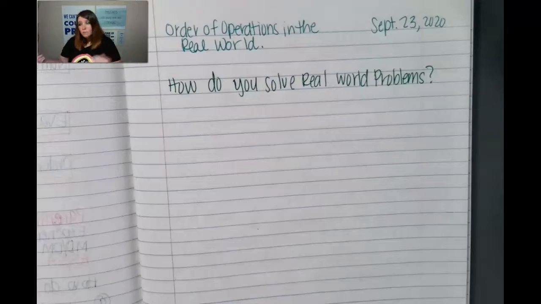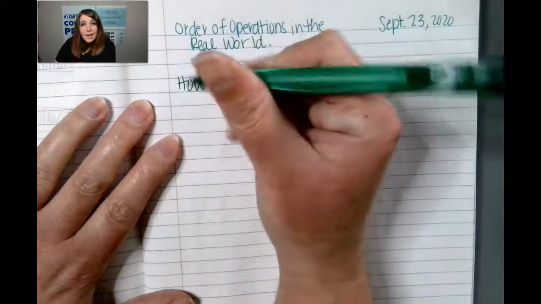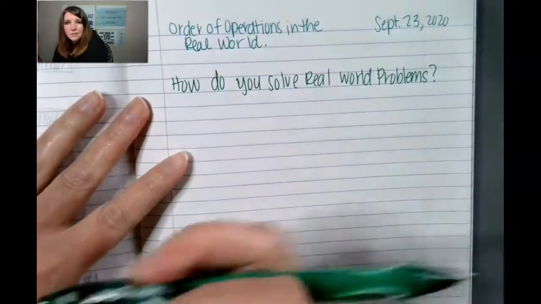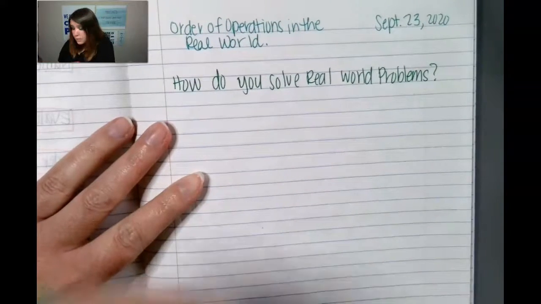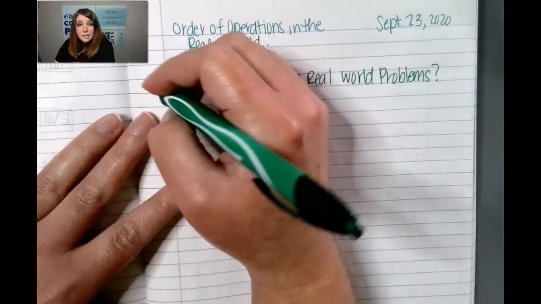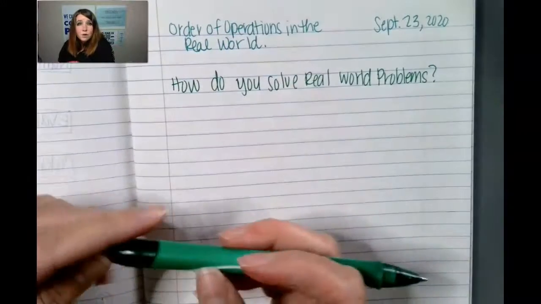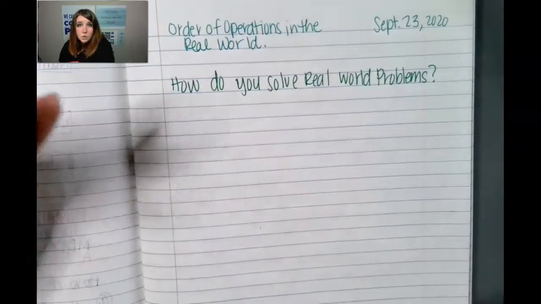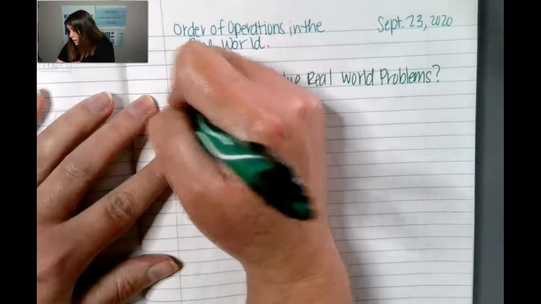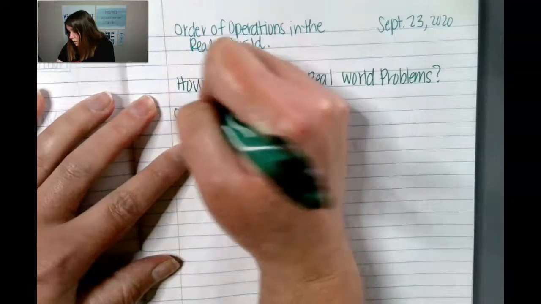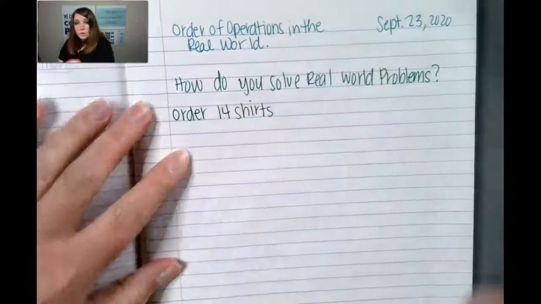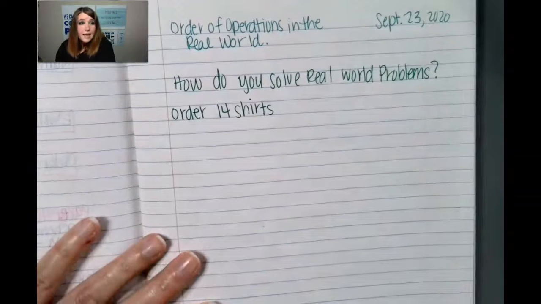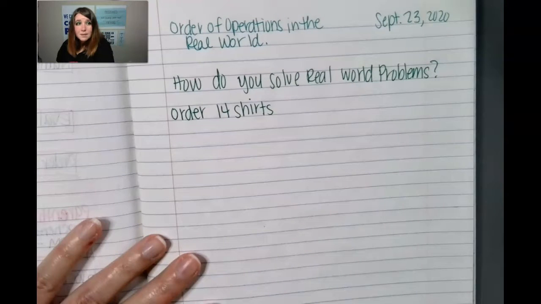Okay, so we have a robotics team, right? And this is just kind of like what we did earlier this week, where we had to think about the numbers that we were using. They order how many shirts? They ordered 14 shirts. So the important information here is 14 shirts. And then they also had how many people?